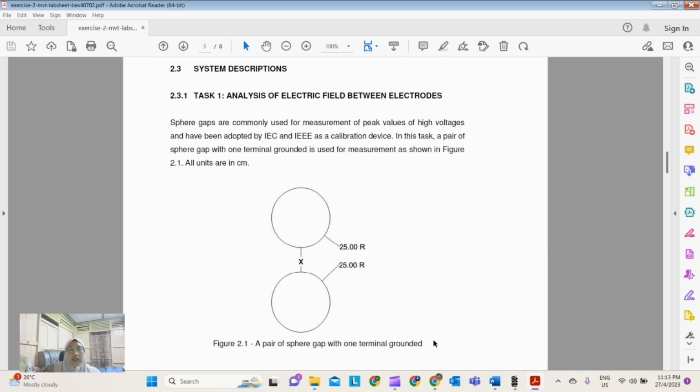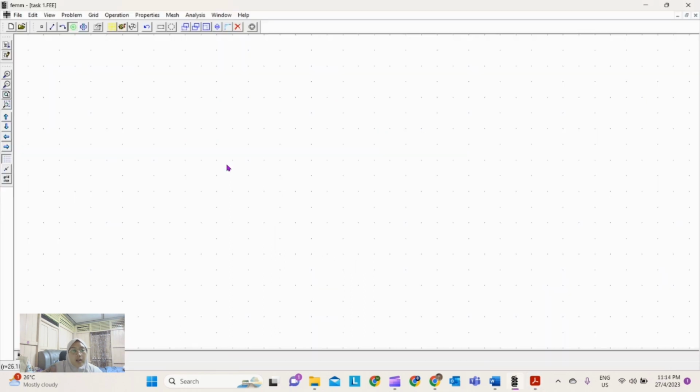I will present about the Task 1 simulation. In Task 1, we need to analyze the electric field between the two electrodes. I will generate this electrode by using the FEMM software. Let's try to design the problem.